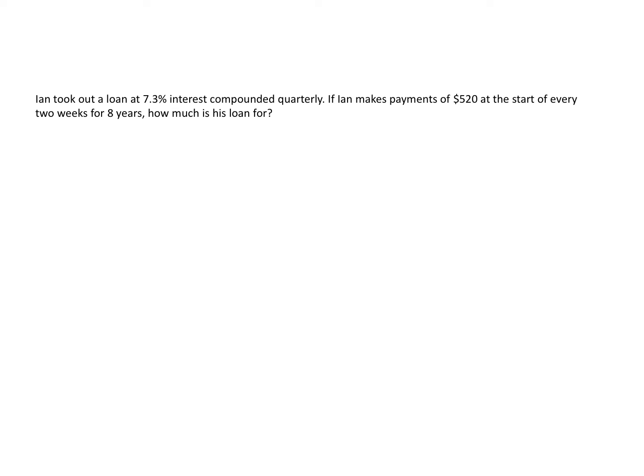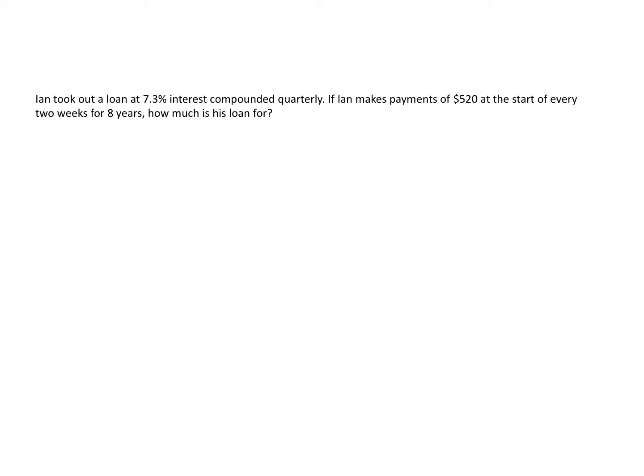This third example, we have Ian, who just took out a loan, but we don't know how much the loan was for. We know his payments, we know his interest, and we know how long. So we have quarterly interest, and we have payments at the start of every 2 weeks. We're going to have to find C and find I2.